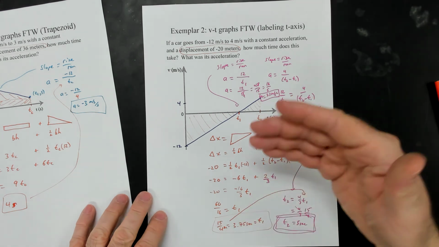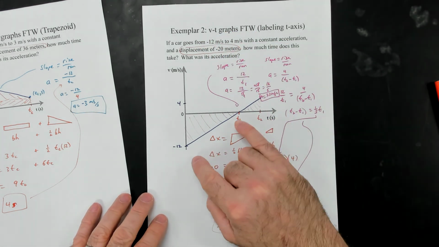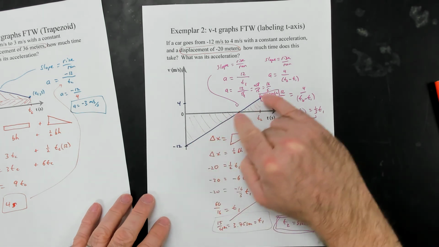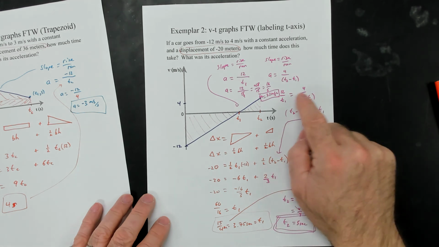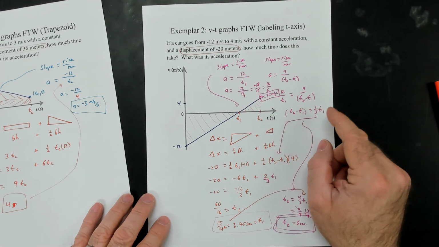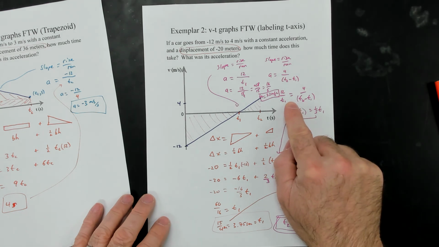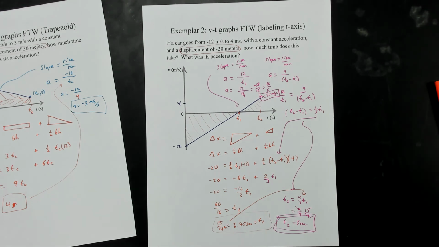And so I need another equation, and I got that from slope is rise over run. We did something kind of tricky, recognizing the slope is the same here and here, because it's a straight line, so the accelerations are the same. So I could set those acceleration expressions equal to each other, which is what I did here. Okay, that's it. All right, solve and use in the VT graph.